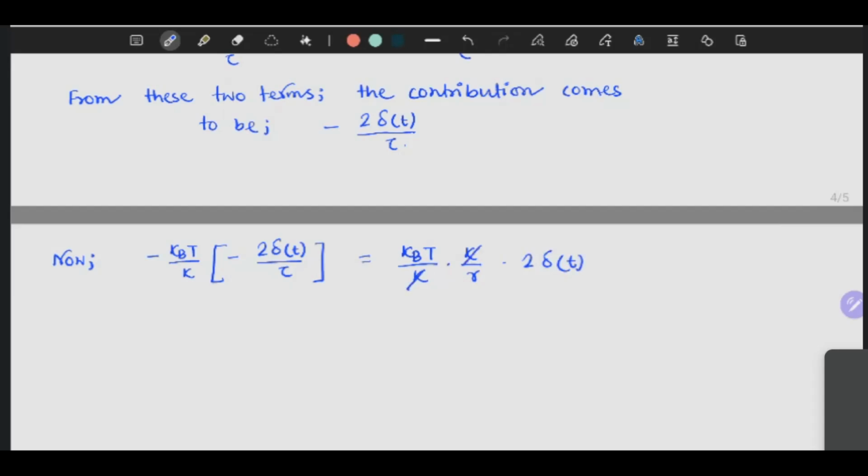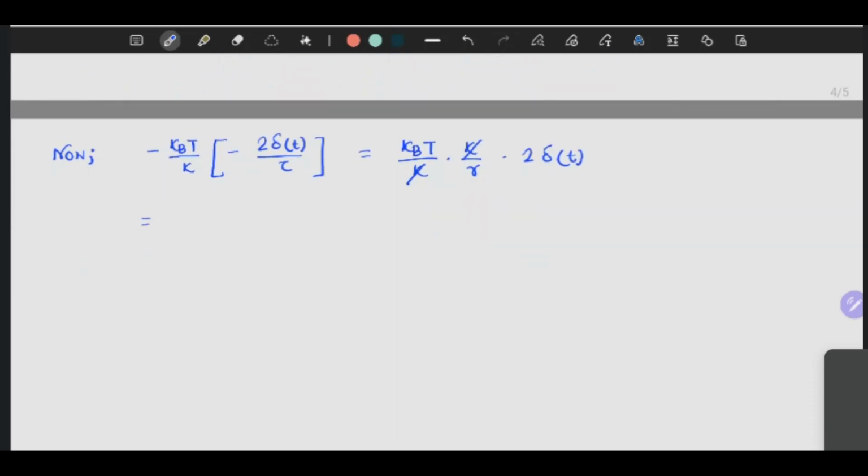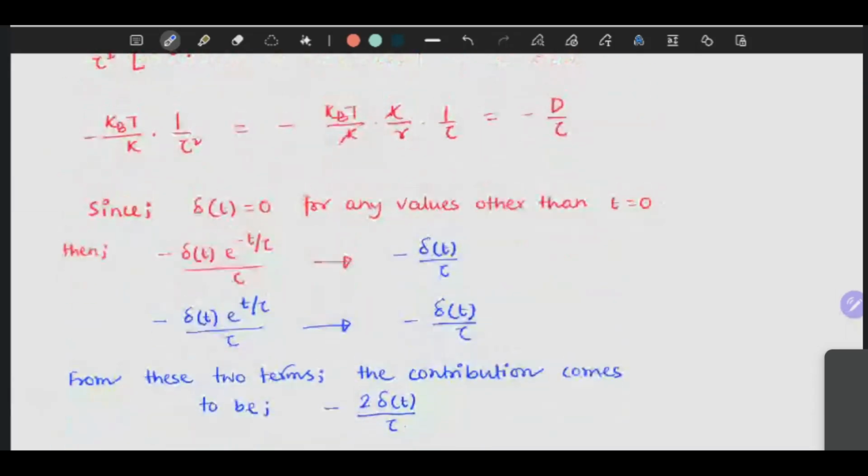So k cancels out and the remaining part is kbt by gamma into 2 delta t, and kbt by gamma is d, so 2d delta t.